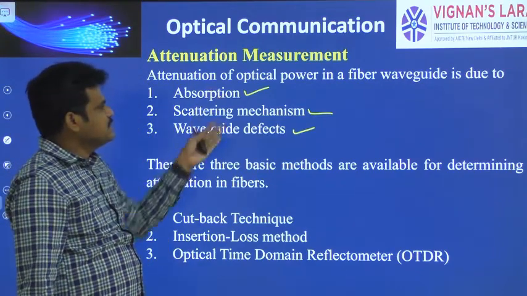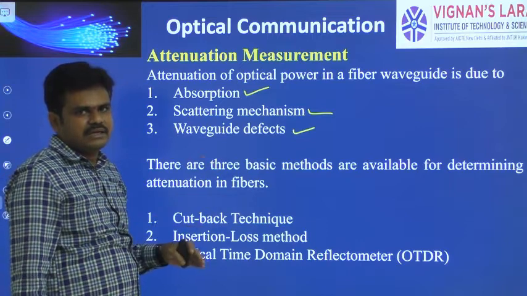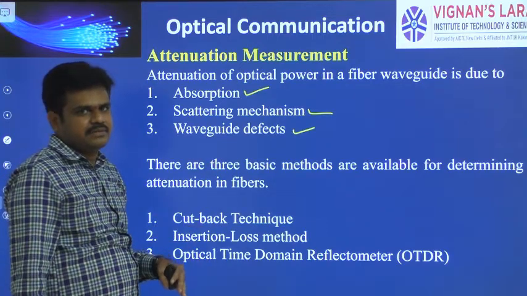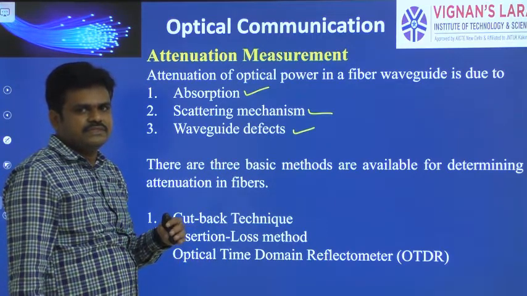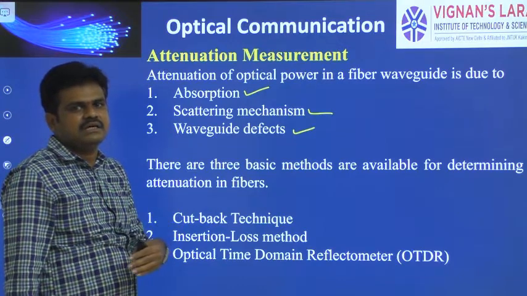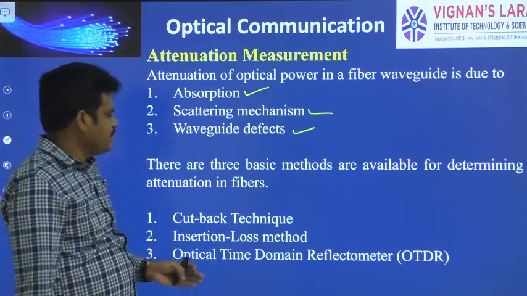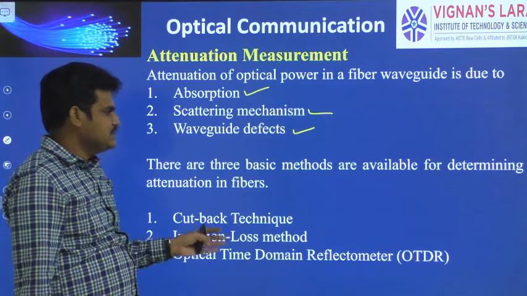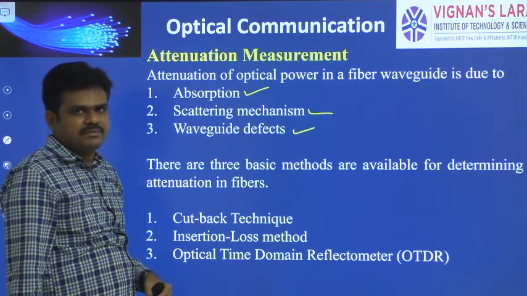Due to these reasons, attenuation may occur in the optical fiber, with which there may be power loss at the receiving end. So how do we measure the attenuation in optical fibers?